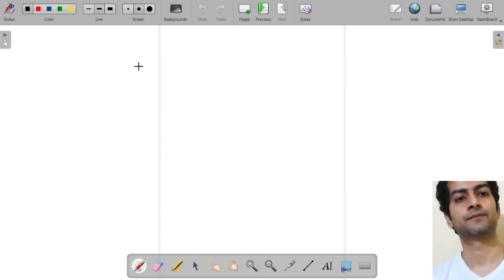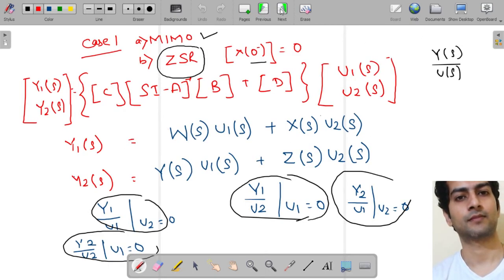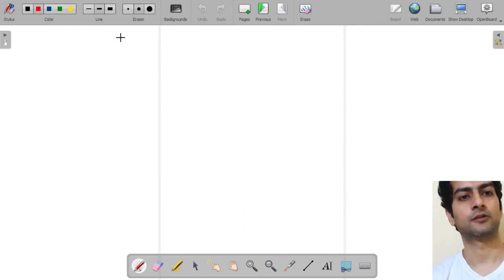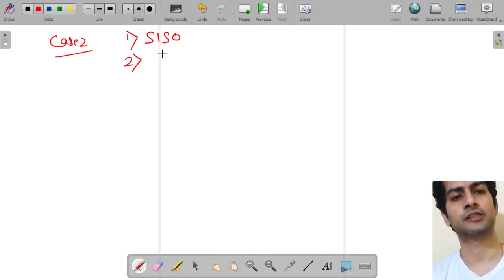Now see, take another interesting case. Let's call it case 2. Suppose we have a SISO system and we do not have zero state response.